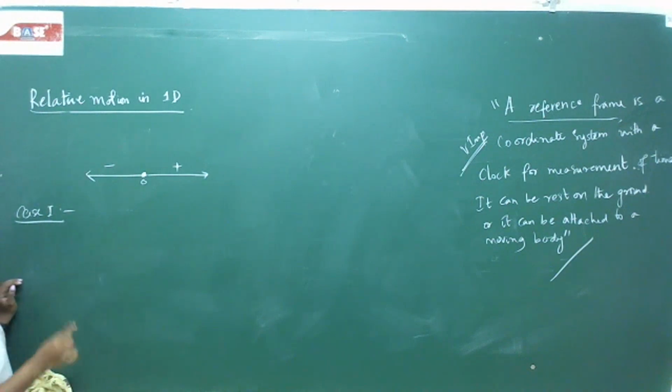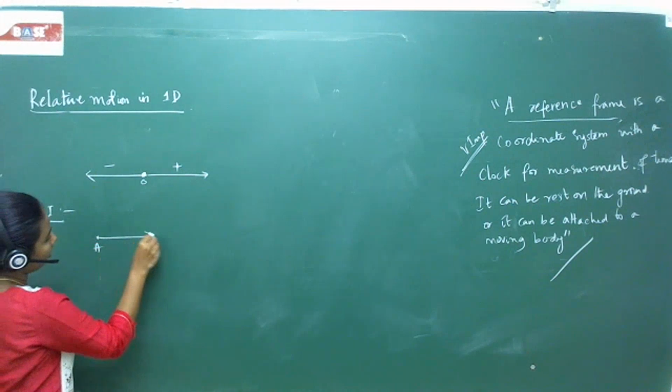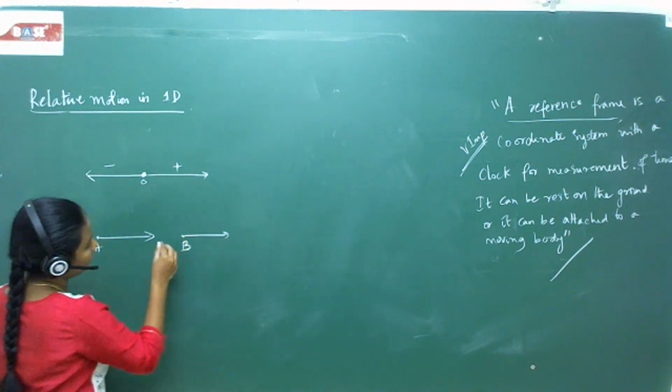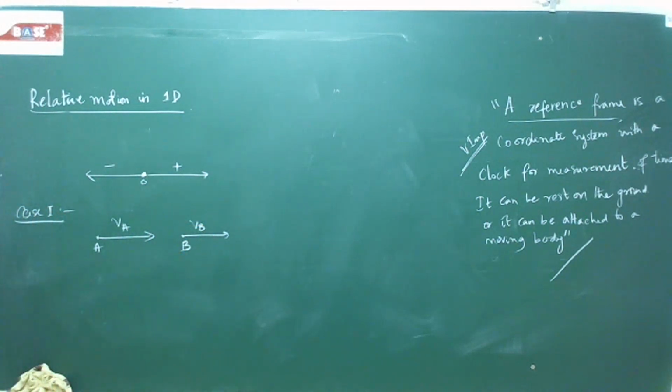Consider there are two bodies, A and B, having velocities VA and VB.